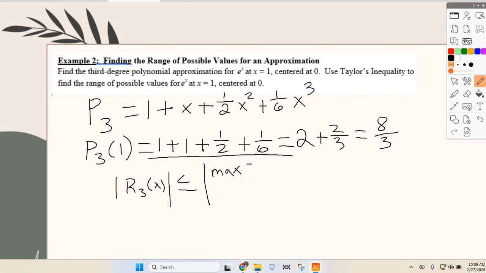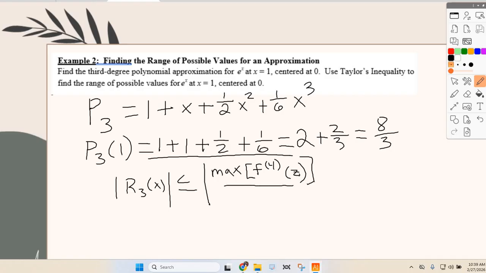The max of the derivative, which in this case is 3. So 3 plus 1, which gives us 4, of z. So remember, this stands for the fourth derivative.